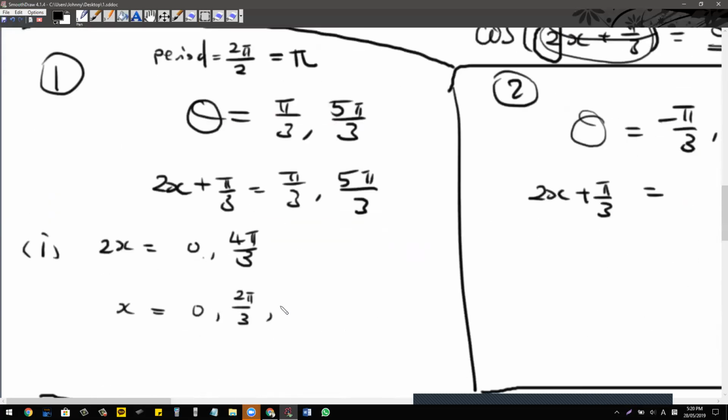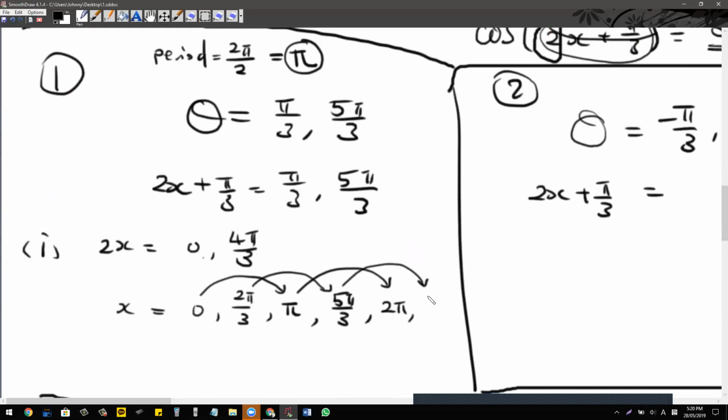So you get the period as pi. So if you keep adding your pi, then you get pi here. If you add pi on top of this, it's going to be 5 pi over 3. Pi here, 2 pi. Pi here will be 8 pi over 3. That's right. But obviously we only need it up to 2 pi. So these are all the answers.